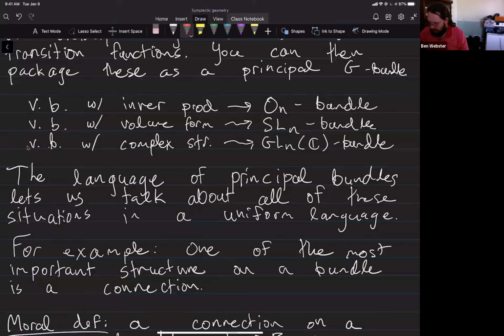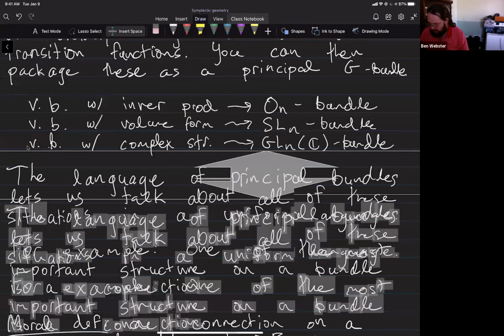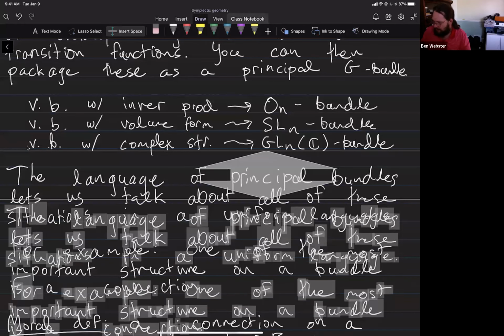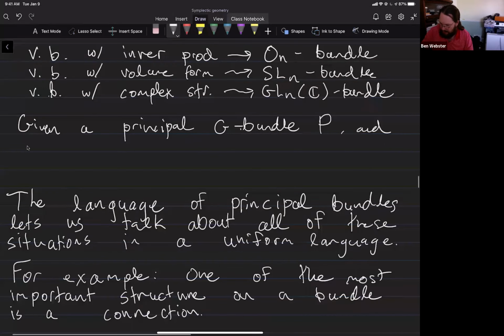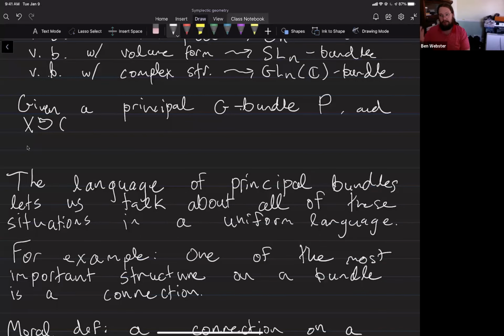Yes. So since I'm going to use this notion a few times going forward, let me actually write it out properly. Given a principal G bundle P and any space X with an action of G, then I can construct what's called the associated bundle.